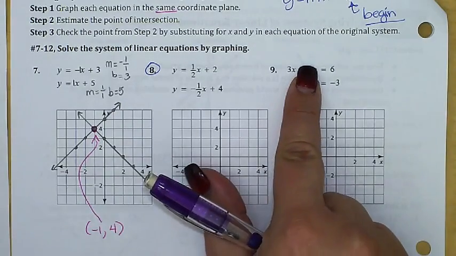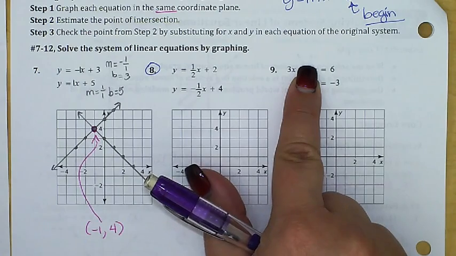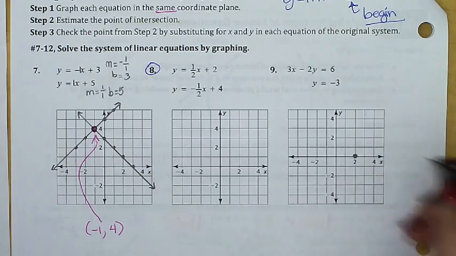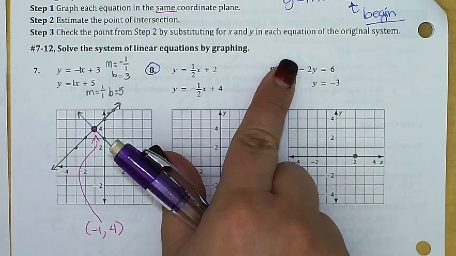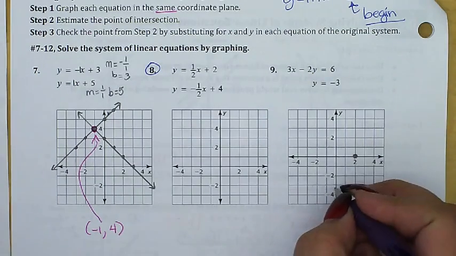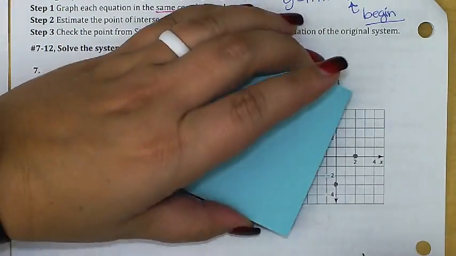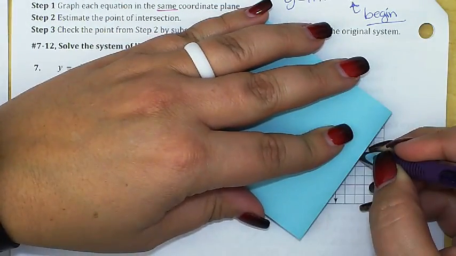And so if I just cover this and I do 6 divided by 3, I know that gives me 2. So I know this has an x-intercept of 2, there it is. If I cover this guy and I do 6 divided by -2, I get -3 as my y-intercept. And that gives me 2 quick points that I can use to graph here.